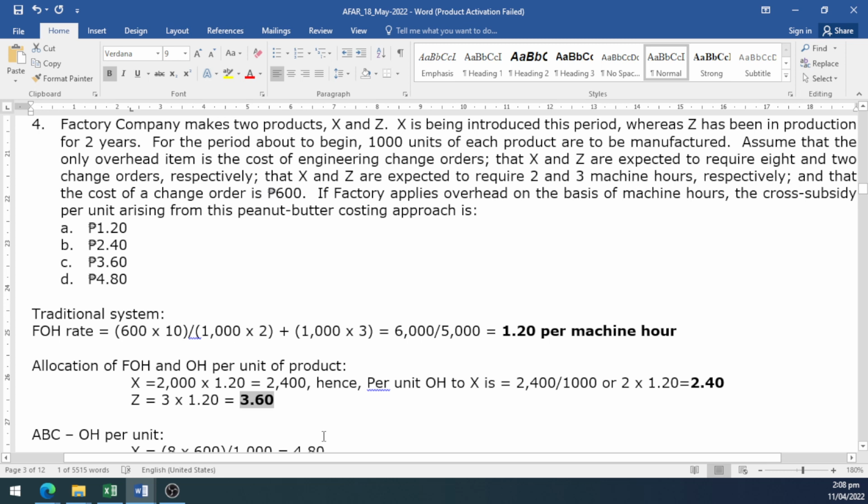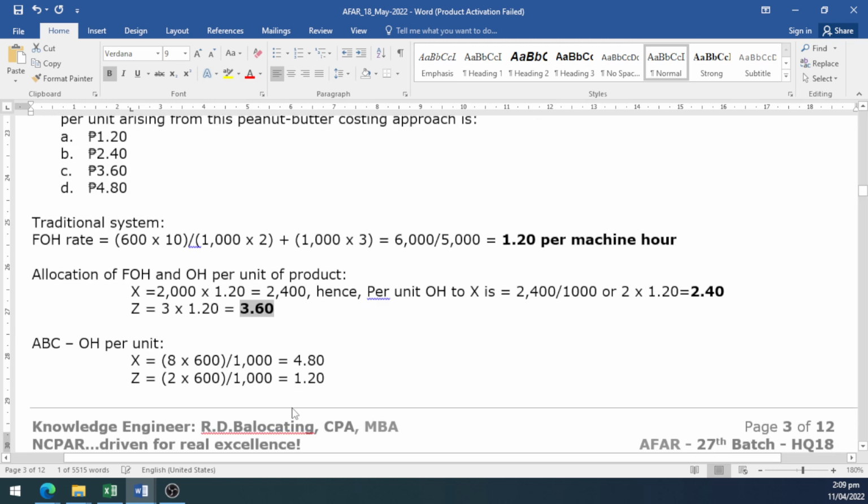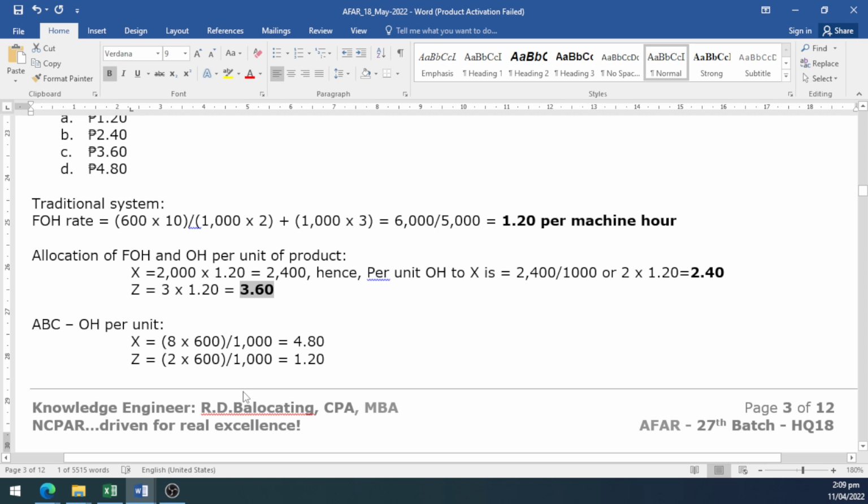Ngayon, if we apply activity-based costing and we allocate the engineering change order cost, the overhead cost, using the activity, which is engineering change orders, ito po ang ating magiging allocation. Identifiable naman. Si X, mayroong 8 change orders.